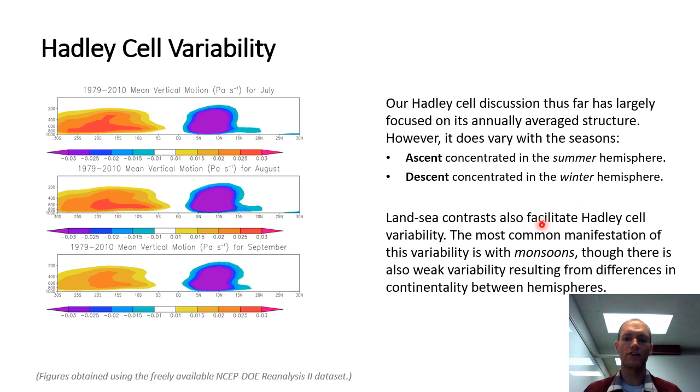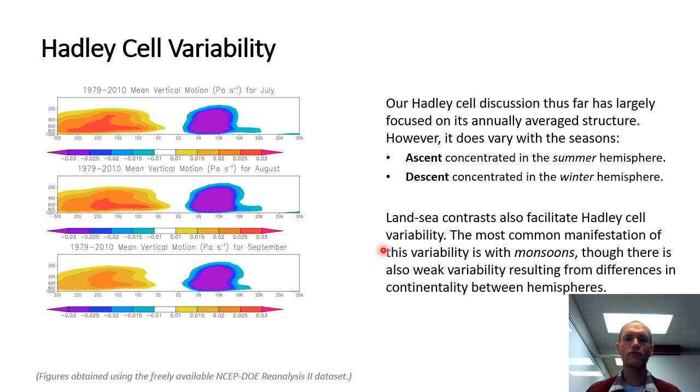However, land-sea contrasts also facilitate Hadley cell variability. So the most common manifestation of this is monsoons. Elevated land masses such as the Tibetan Plateau in India over toward Southeast Asia. You also see this in Central and Southern America for both northern and southern hemispheres, and to a lesser extent in Africa as well.